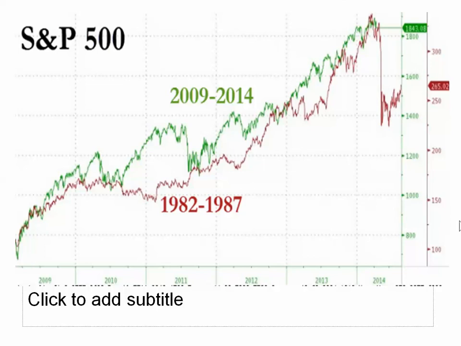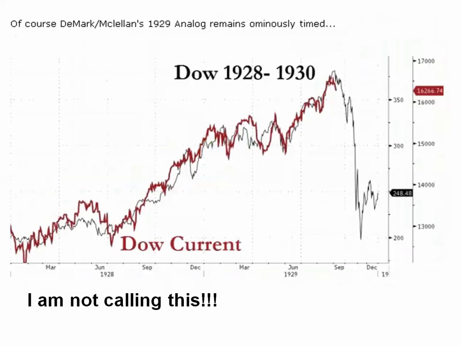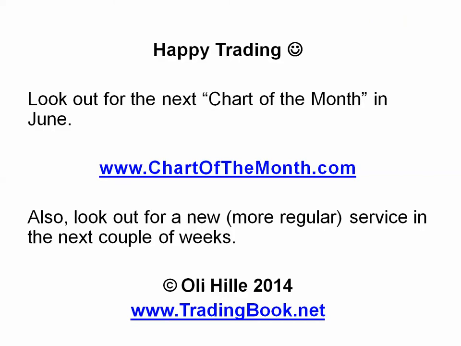Now I know that these are only scenarios and these are easy to create, but I do note that one of my trading heroes, Paul Tudor Jones, used an overlay of 1987 versus 28 to 30 to call the 1987 stock market crash and to make a significant amount of money, so they have some validity.